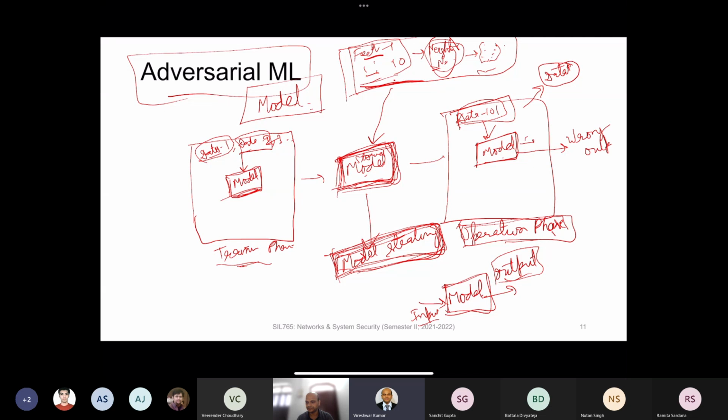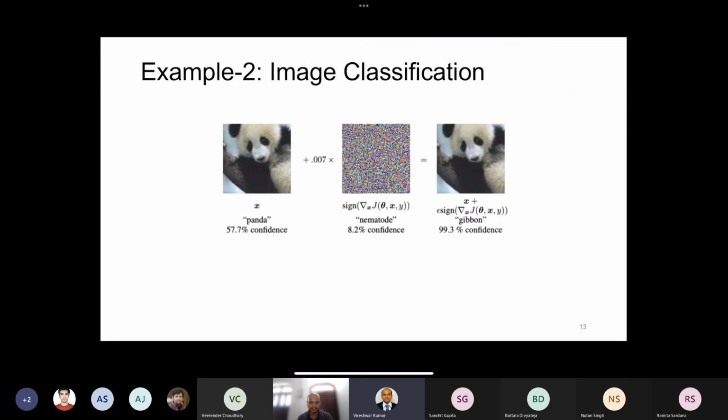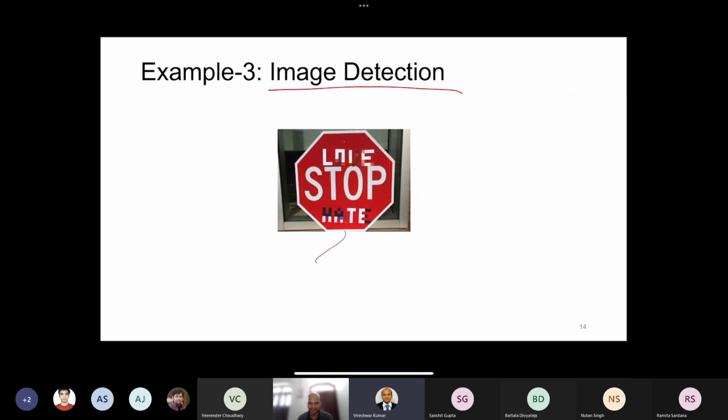The goal for the attacker is to craft data in such a way that the output is wrong. Let me give you an example.